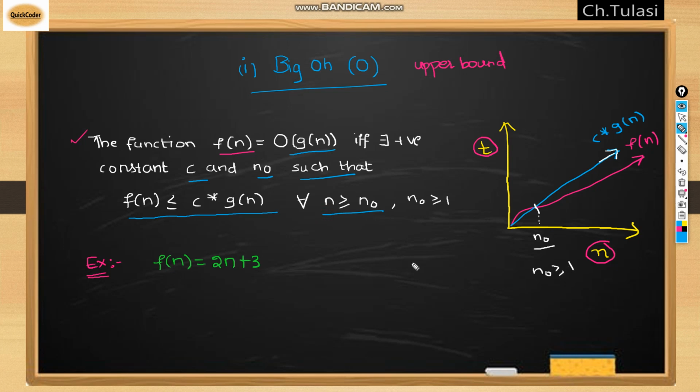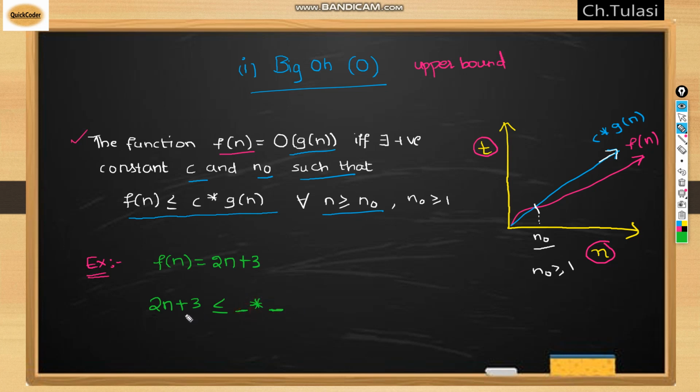For example, take f of n equal to 2n plus 3. Here f of n should be less than or equal to c into g of n. That means 2n plus 3 should be less than or equal to some constant into some g of n function.